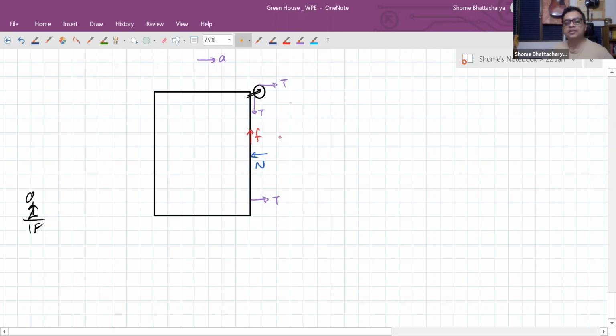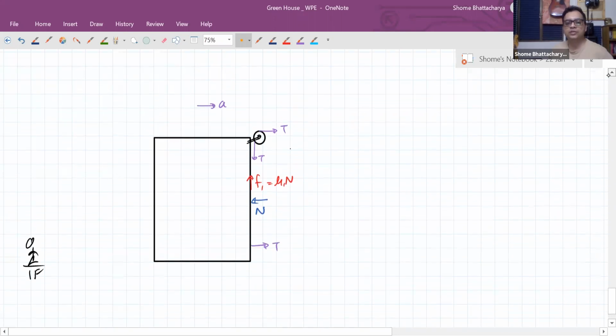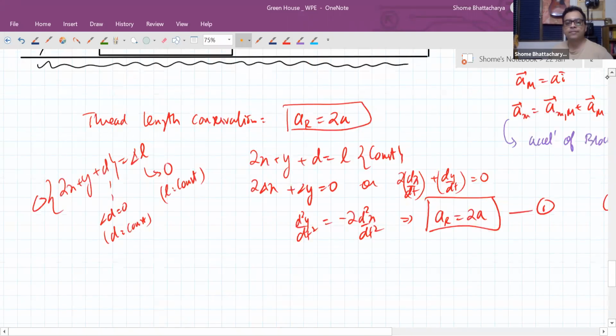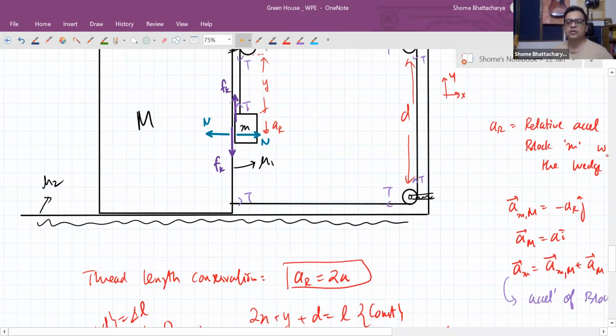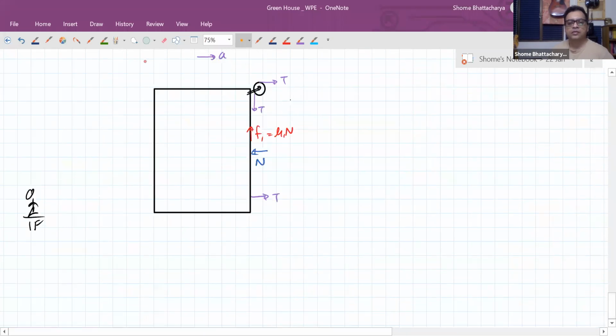So let's say that is F1, that will be mu1 N, because we have taken this coefficient of friction as mu1. Then what else? There is its own weight, that is capital Mg. So the ground is applying some normal reaction, let's say N2. And finally, because it's slipping like this, the ground is applying a friction, let's say F2, which is mu2 N2.